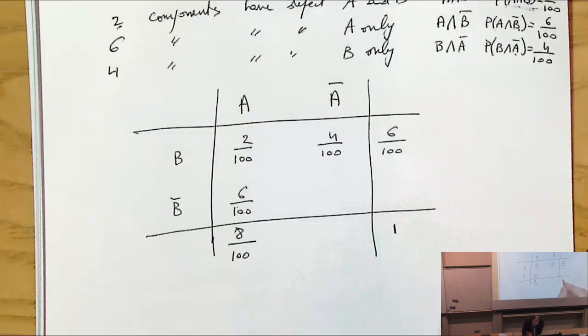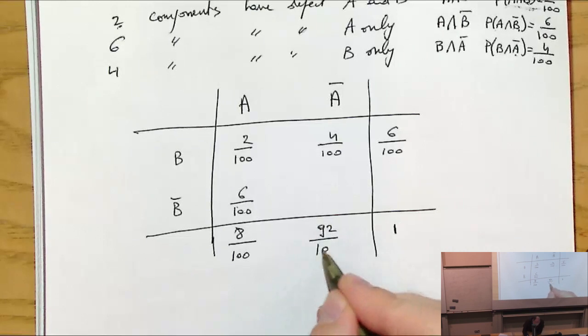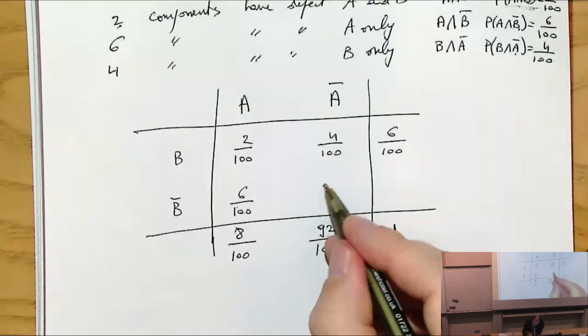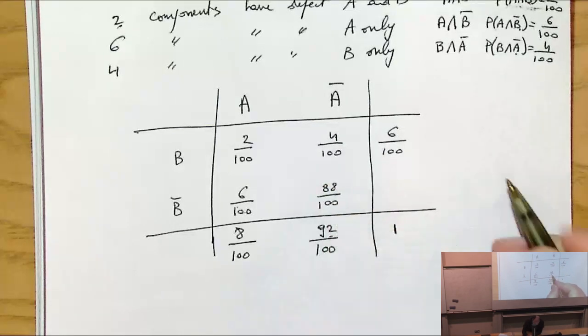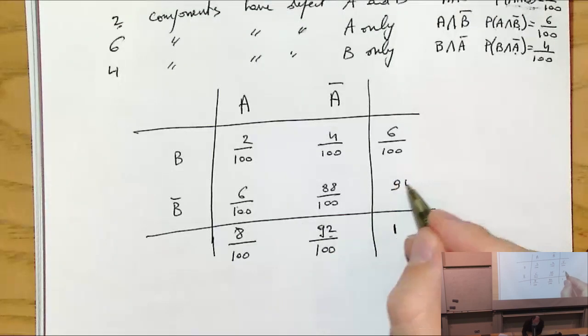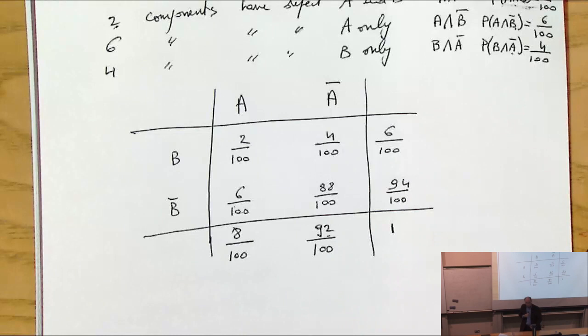Here, I always need to have 1, right? So I can say that here I'm going to have 92 out of 100. If I have 92 here and I have 4 there, I need to have 88 out of 100. And here, what I'm going to have is 94 out of 100. Okay? So we're just using all the expressions that we have built so far, but everything is essentially summarized into one table.